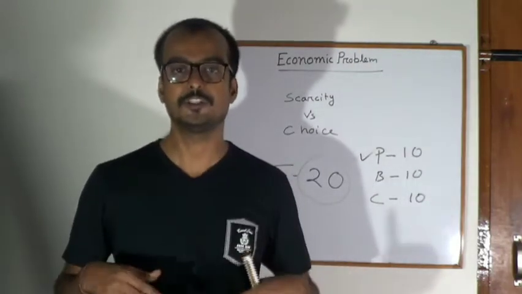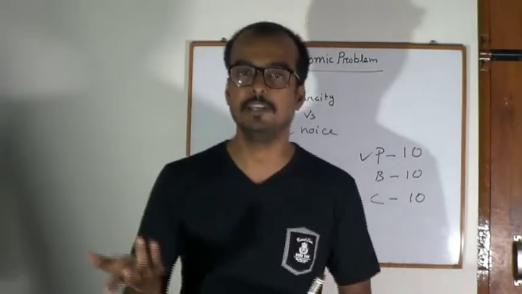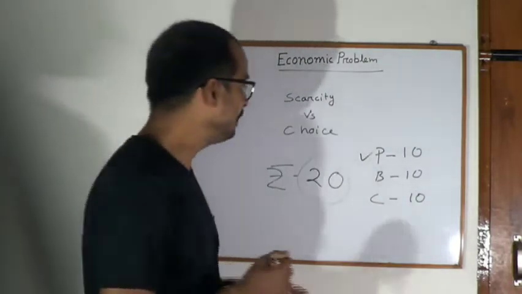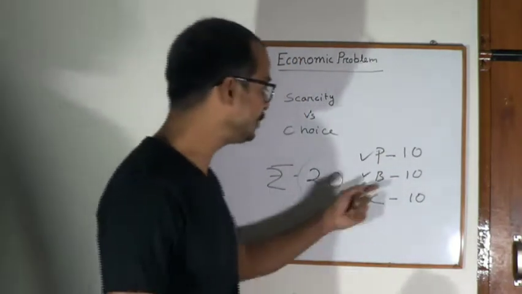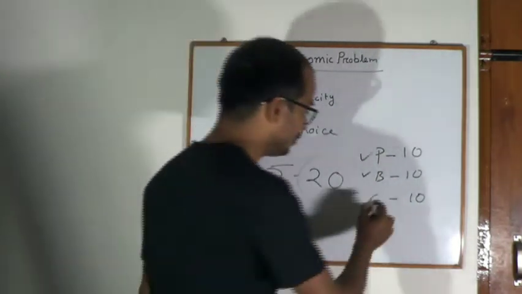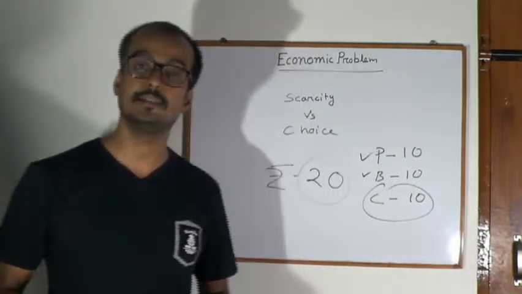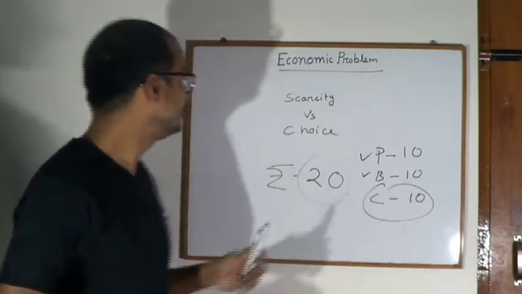So you are thirsty, so that thing will also be satisfied, which is free. Water is free. So you think, let me purchase pen and biscuit. Since I don't have more money, I don't purchase this. So you make the choice of these two. This is called choice.